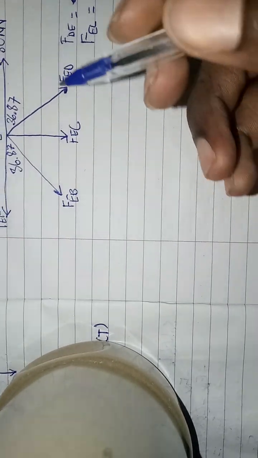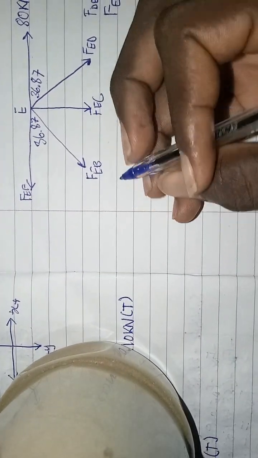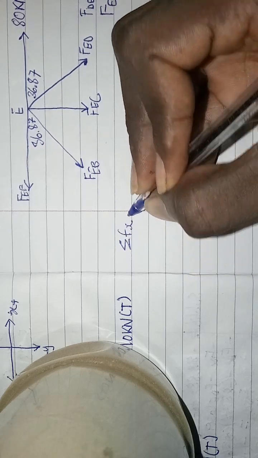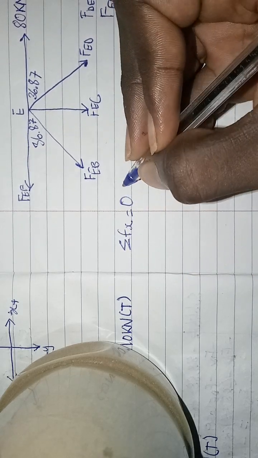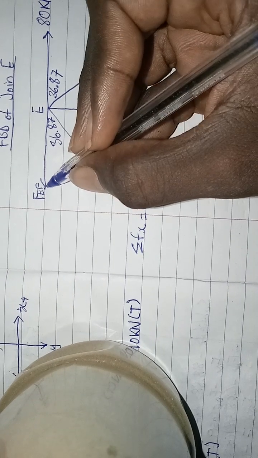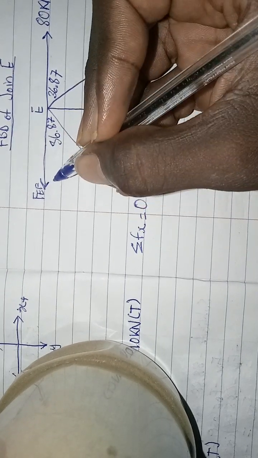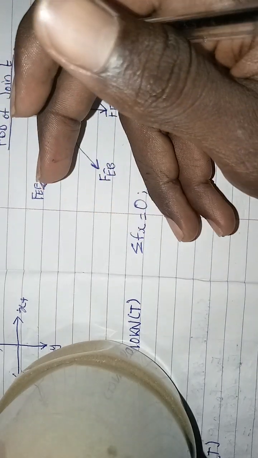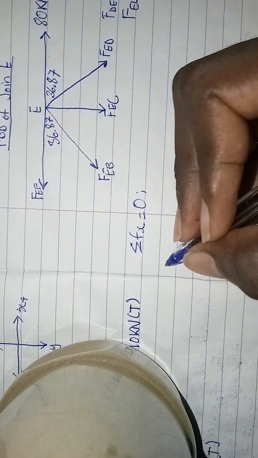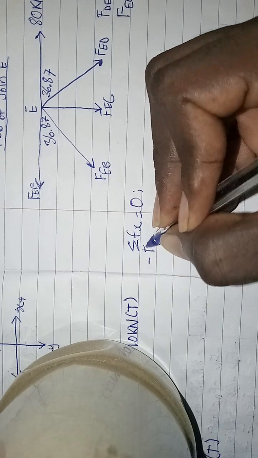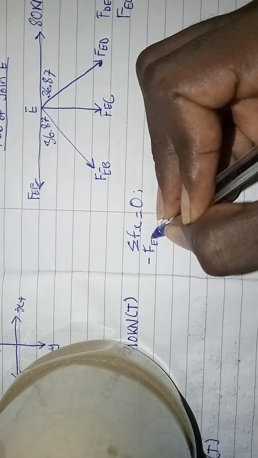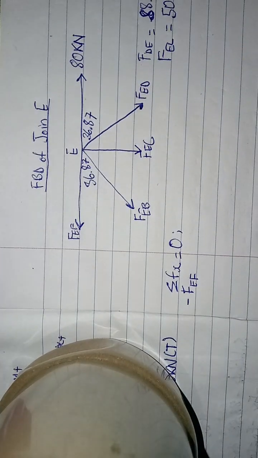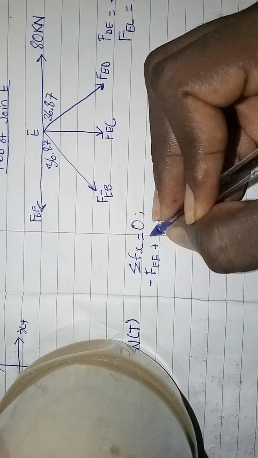So we are going to find the sum of forces along the horizontal axis. So sigma Fx will be equal to 0. We have this one, it is on the horizontal axis and pointing to the left side, which is going to give us negative force EF, and we have 80, which is pointing to the right, so plus 80.